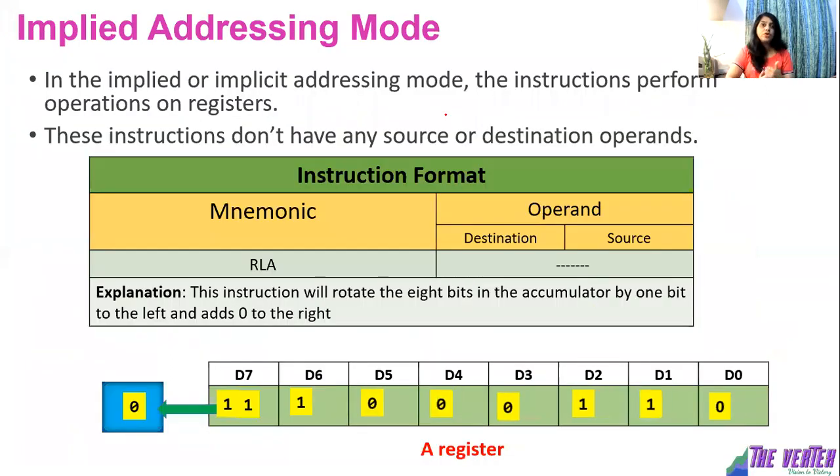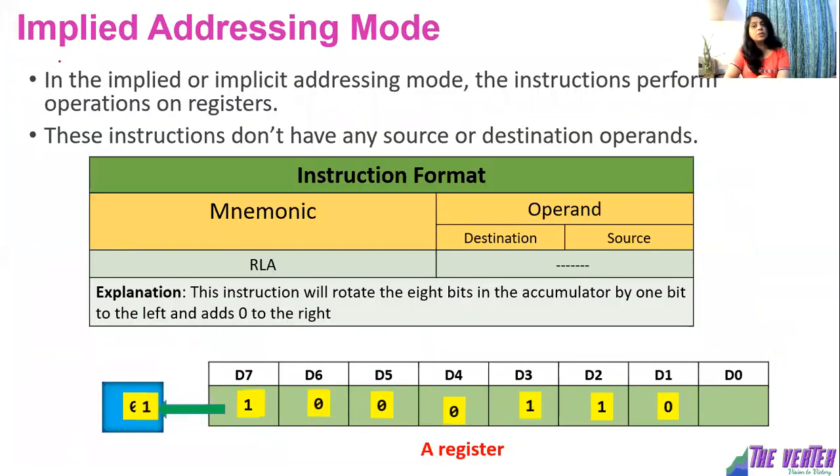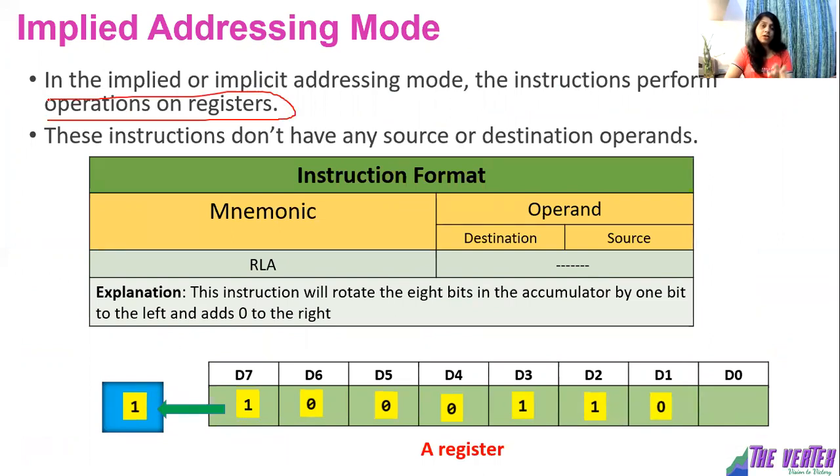Now the next addressing mode is implied addressing mode. What is the meaning of implied addressing mode? In implied or implicit addressing mode, the instruction performs operations directly on the contents of a register, and here the operand is absent. In the instruction we don't have any destination or source, but the operands are implicitly associated with the instruction.